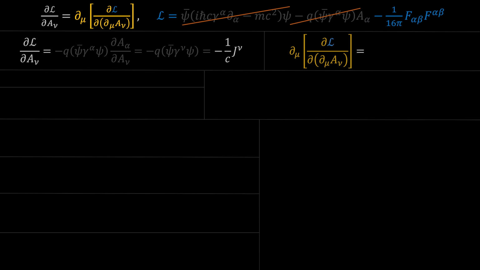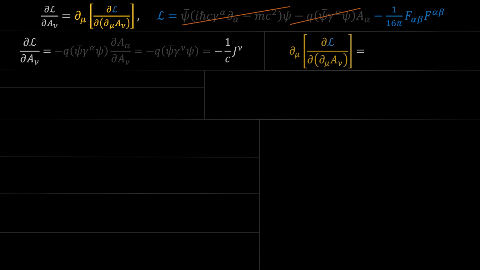See, because we're not taking the second derivative with respect to A, we're taking the partial derivative with respect to a partial derivative of A. So it's a little confusing, but hey, at the end of the day, what it means is we can safely ignore that interaction term. So that's wonderful.